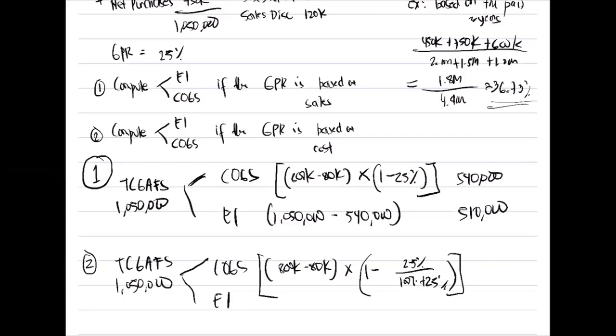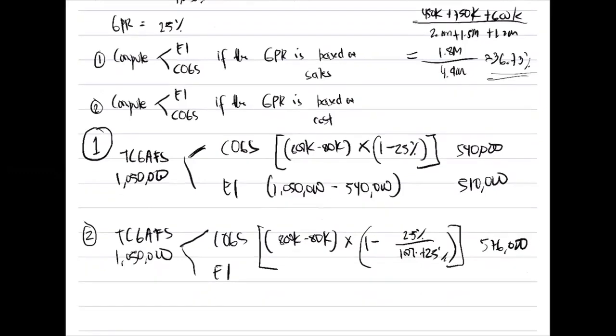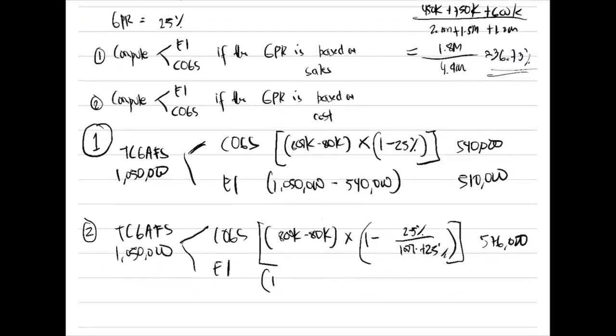So 25 over 125 is 20%. So we have here 80% cost ratio. So 720,000 multiplied by 80% will give us 576,000. So our ending inventory therefore is 1,050,000 total cost of goods available for sale less 576,000.